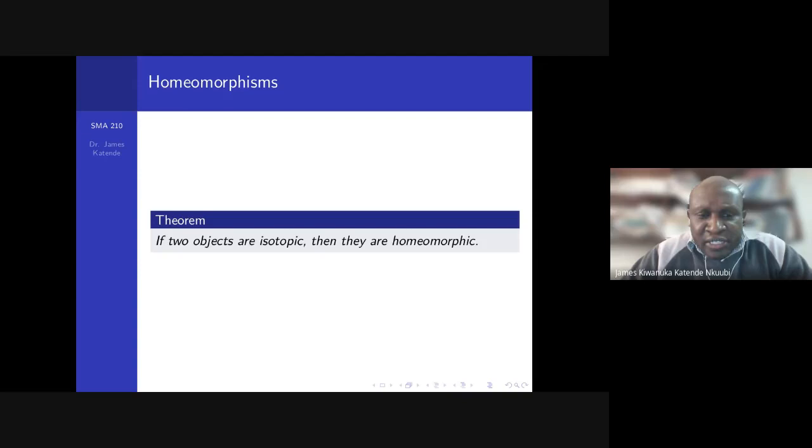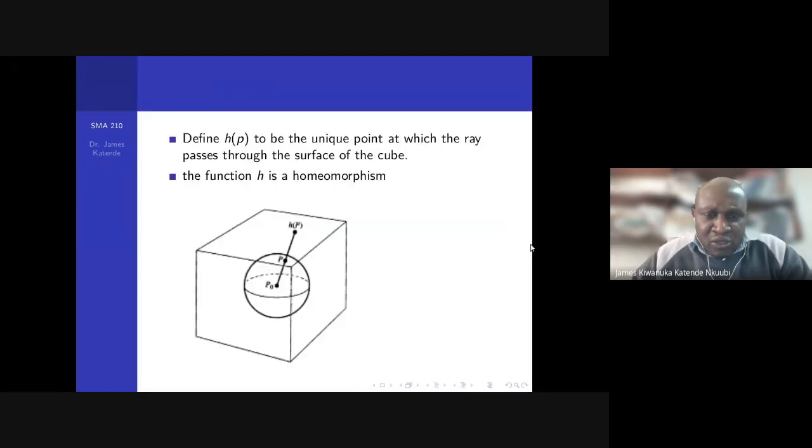It depends on the space in which it is. In some spaces, two objects will be isotopic, in other spaces, they will not be. But if they're isotopic, they are automatically homeomorphic. But being homeomorphic does not necessarily mean that the two objects are isotopic. So we will stop there for now.